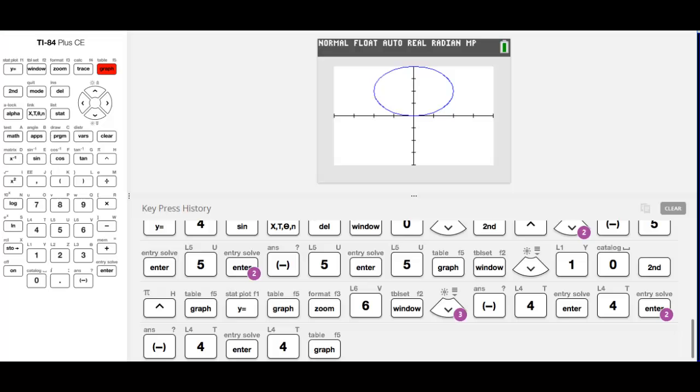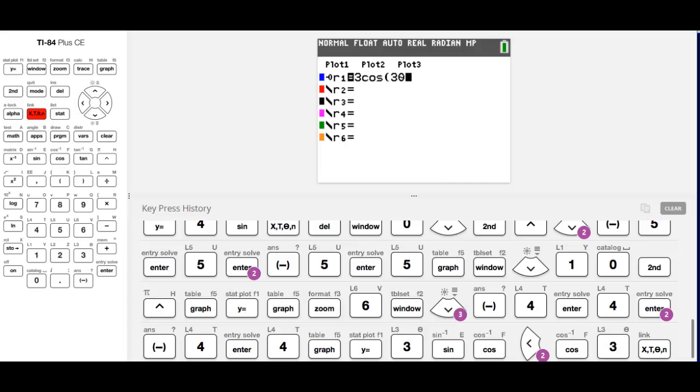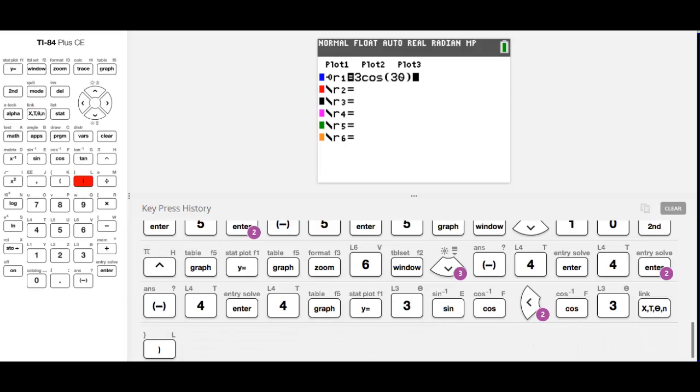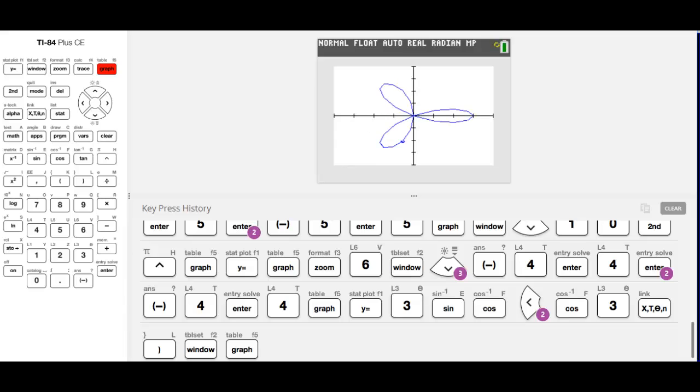Now, so let's look at the graph first of all. Let's see here. We've got 3 cosine 3 theta. Okay, I'll just set my window that way for now. Okay, so there's what it looks like. In other words, what we want is just this one petal, one of these petals.